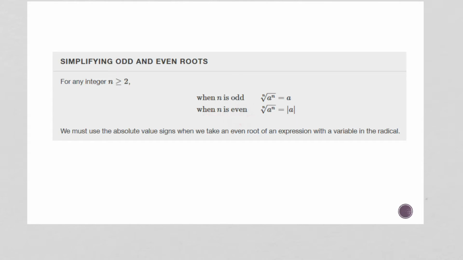But whenever n or your index is even, you're looking for the absolute value or the positive of this term, okay? Because remember, it's undefined if there is a negative under there. And by undefined I mean it's not a real number, okay? All right. So, in your homework though, you won't see the absolute values, just write the positive down. And I'll show you what I mean here in just a second.